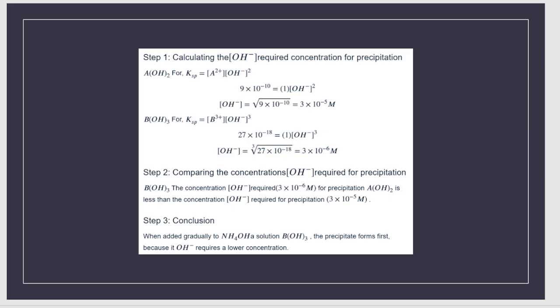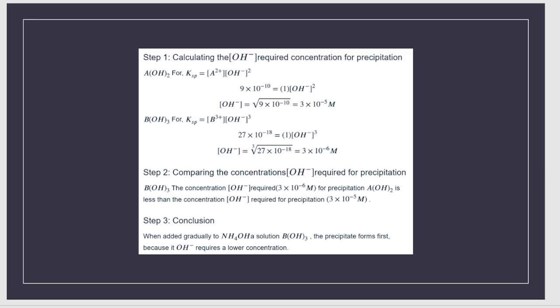And let's calculate the OH minus ion concentrations here. By knowing the concentration of A plus 2 as 1 molar, you can calculate the hydroxide ion concentration as 3 into 10 to the power of minus 5, and that of the B plus 3 and OH minus is nothing but 3 into 10 to the power of minus 6.